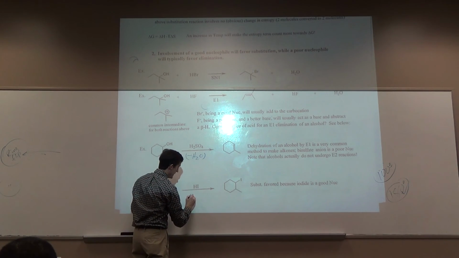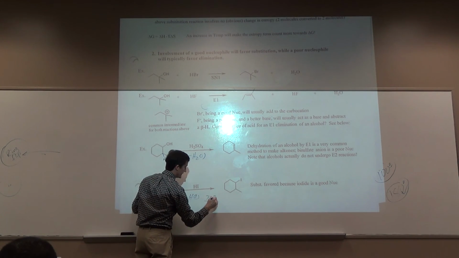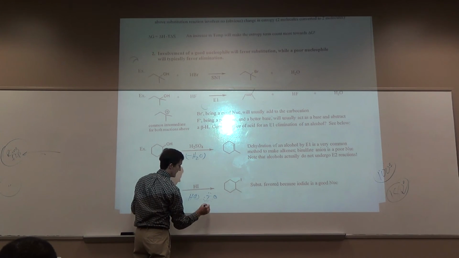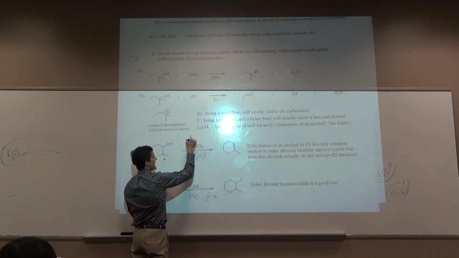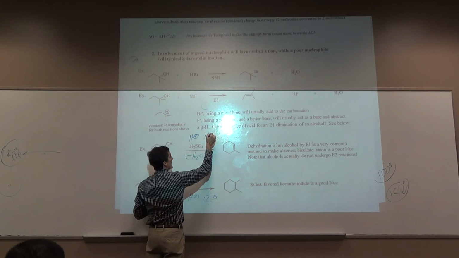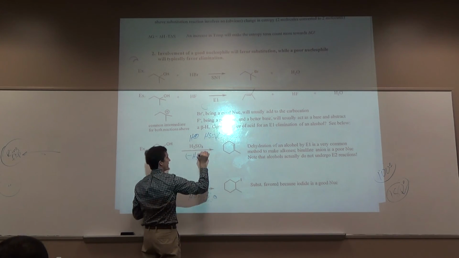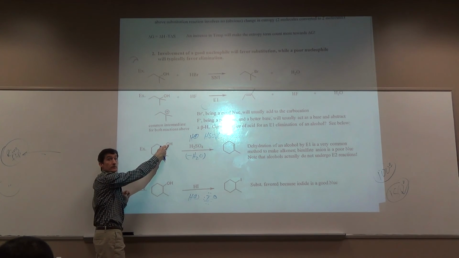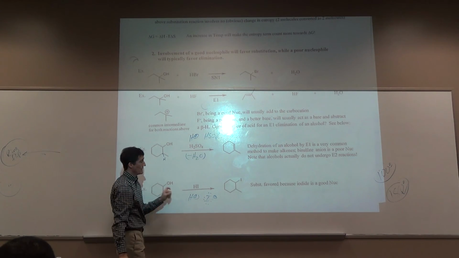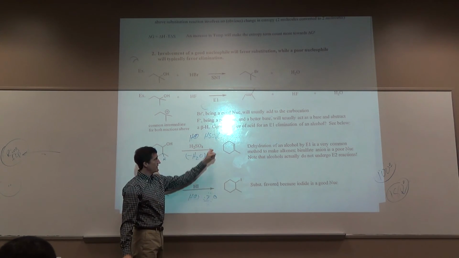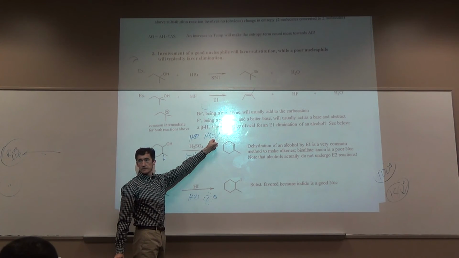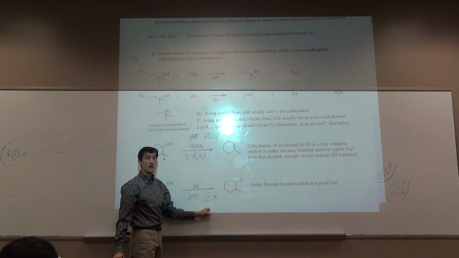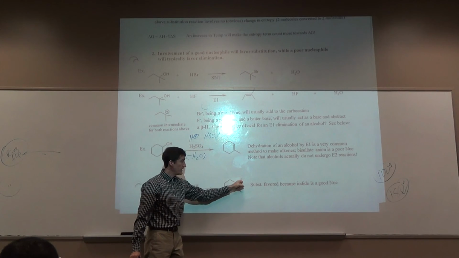But see, down here you have H plus and I minus, where here you have H plus and HSO4 minus. They both supply the acid, because we have to make that a better leaving group. Which is a better nucleophile, I minus or bisulfate? I minus. A better nucleophile is going to favor substitution.